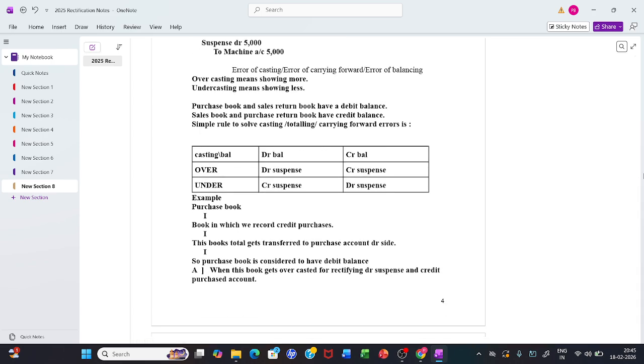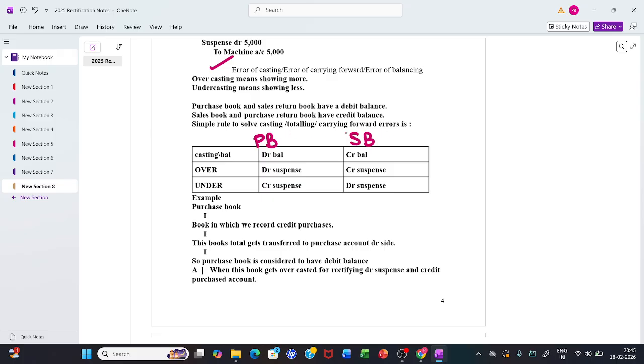Next comes error of casting, totaling, carrying forward. In this error, there are two possibilities. We show either more or less, but where it could be your purchase book. We have subsidiary books now where we directly record purchase book for credit purchase, sales book for credit sale of goods.